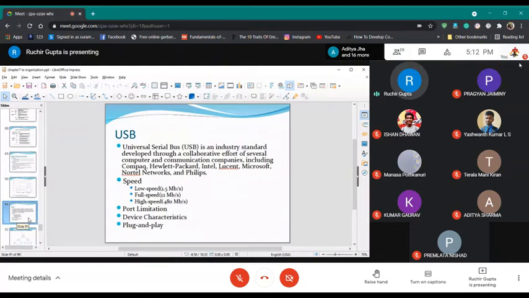It also supports isochronous data, for example, voice data; you cannot afford a delay in that. So all these kinds of support make it so useful and ubiquitous in a way.